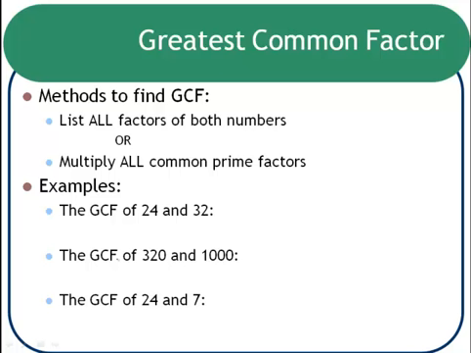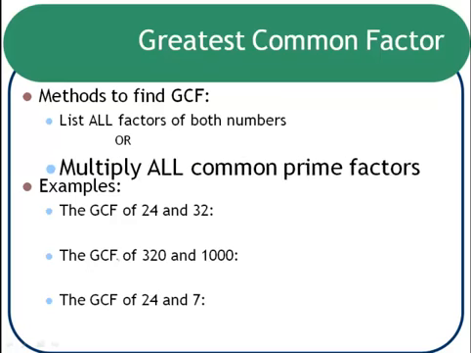If we find the prime factorizations and multiply all the common prime factors, all the numbers that are in both factorizations, that also gets us the greatest common factor, and that can usually be done a little bit quicker. So that's the method I would suggest that you do.